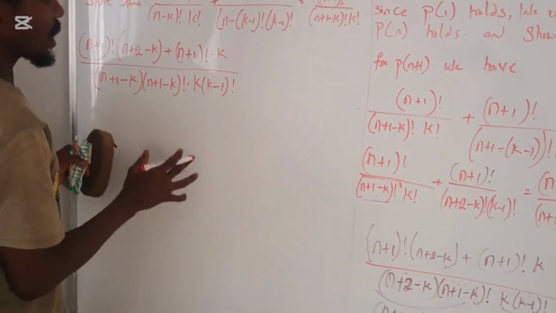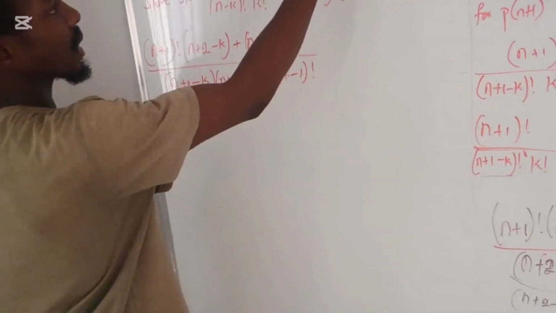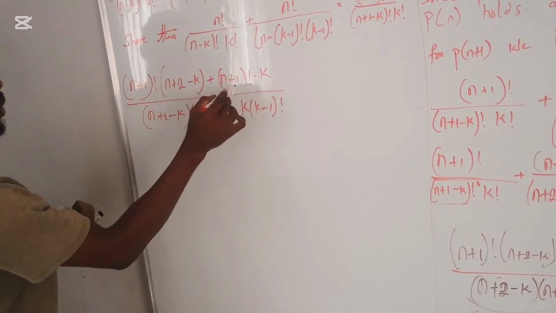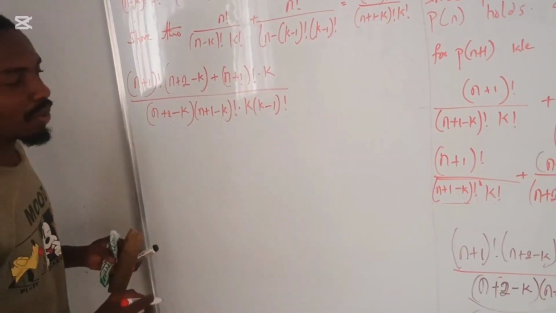Okay, this is what I have. Now I'm checking if I'm going to get what is in the right hand side. So now look here and look here. You see that n plus 1 factorial is very common.